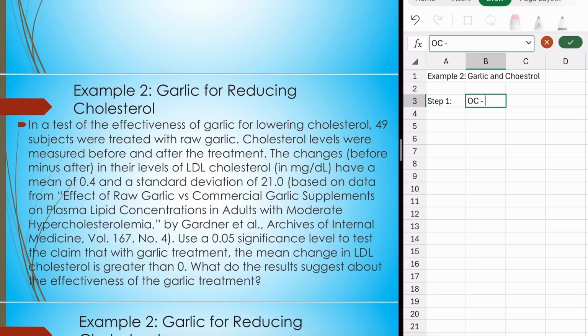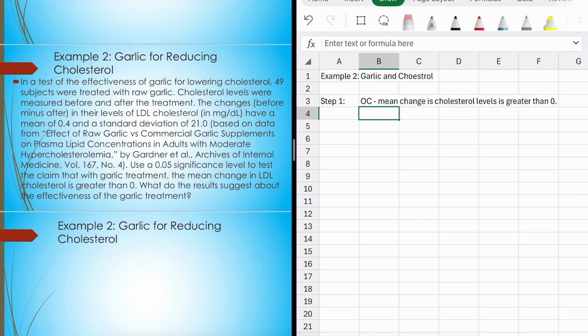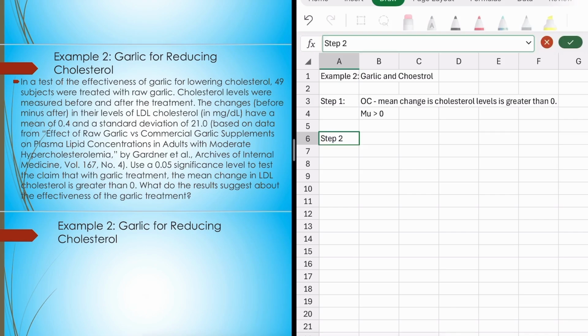The original claim is that the mean change is greater than 0. In symbolic notation, this is going to be mu greater than 0. That's our original claim in symbolic notation. The negation of that is mu is less than or equal to 0.